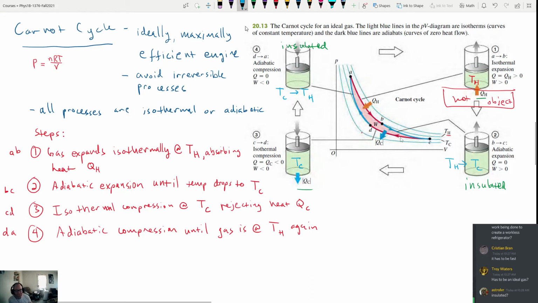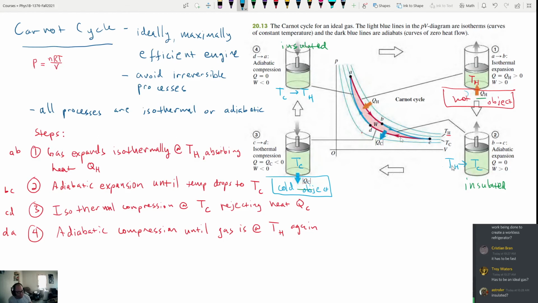And then for this one, you have to put it into contact with a cold object. Now, they're going to be really close in temperature, because the idea here is that you want the temperature difference to be very minimal in this case. But the way I envision this is that you have to be moving the object into different places. It's like you put it in contact with a hot object, it expands.